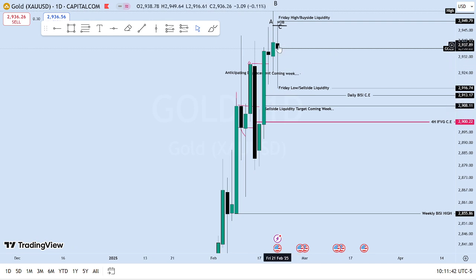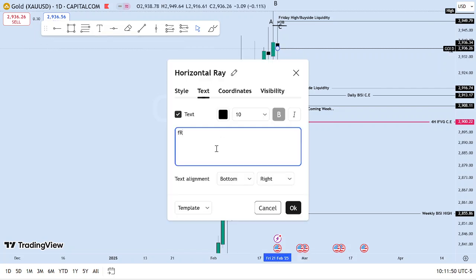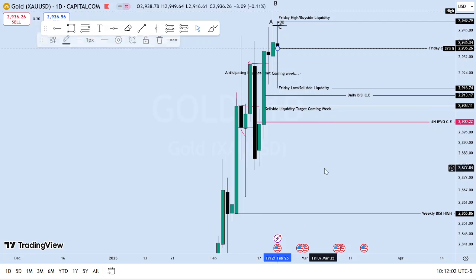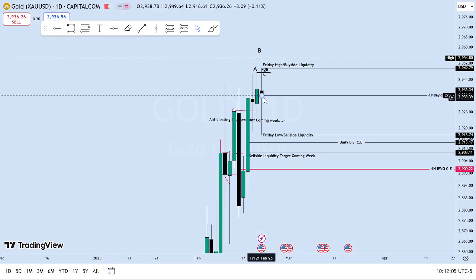You can see this Friday candle on the daily chart. Last week, Friday, here we closed. That was Friday close. Where we closed last week, Friday, where the body closed, tells you the narrative.